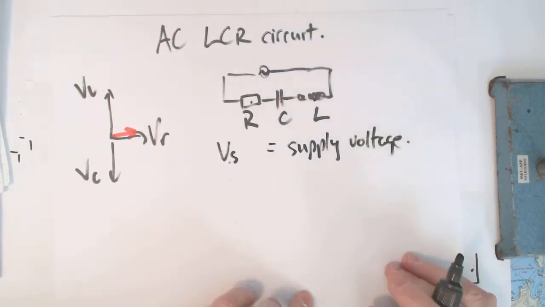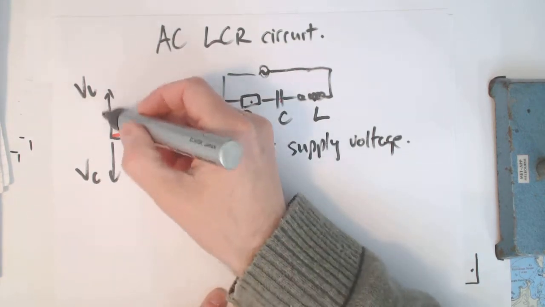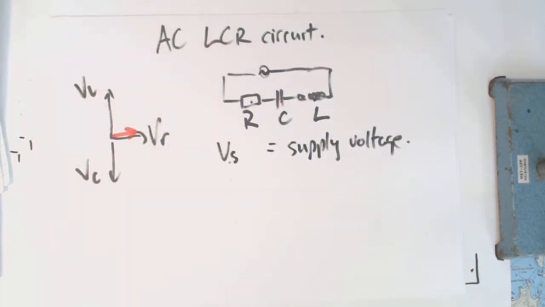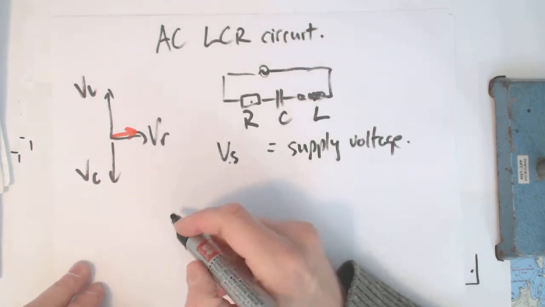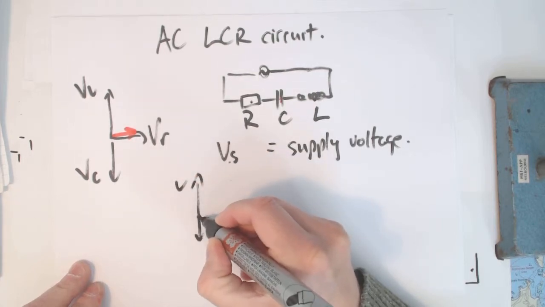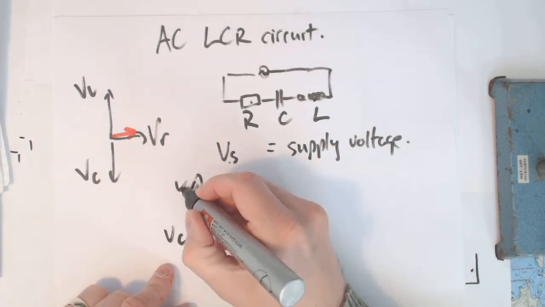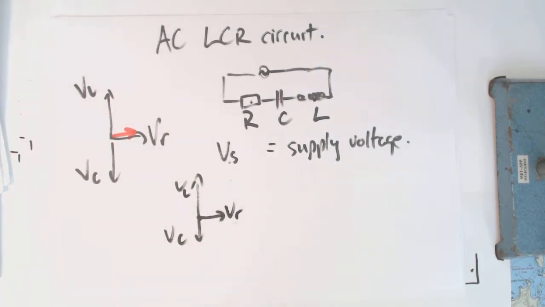And what we need to do with Vs is subtract VL from VC or VC from VL. So let's take this example where VL's like that, got a little VC like that, and that's our VR. If we subtract the VC from the VL, right?